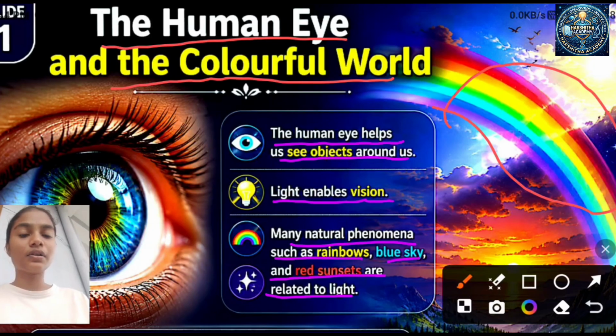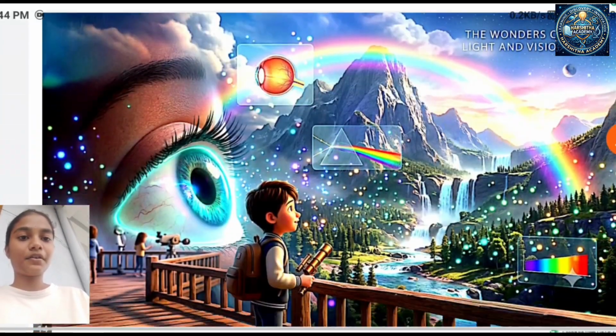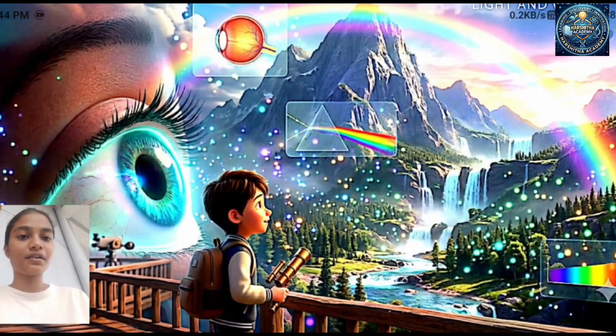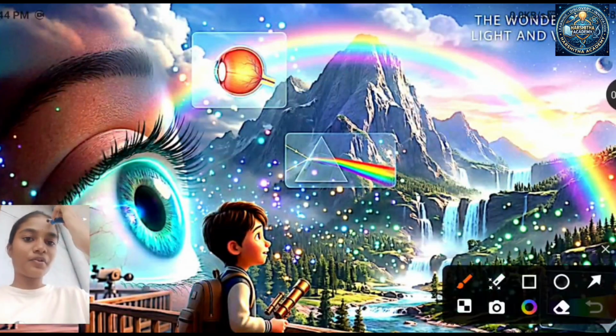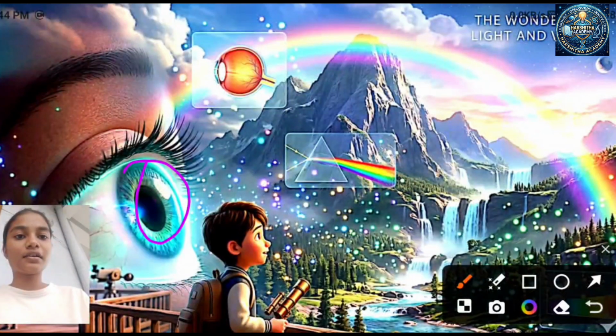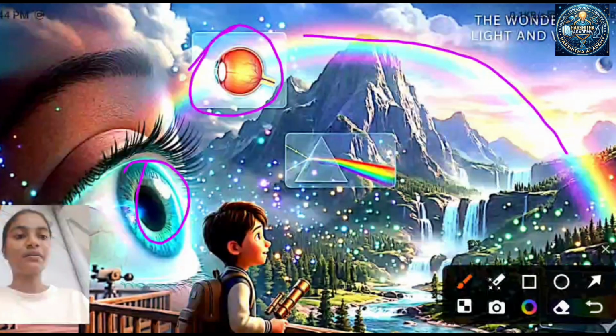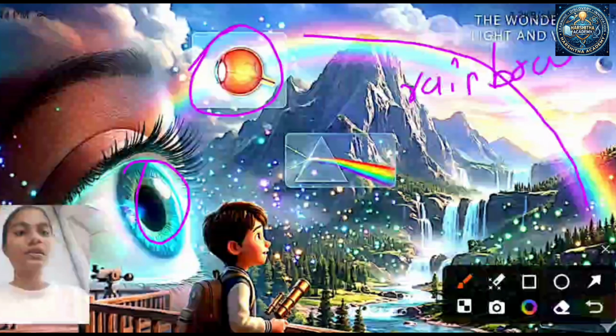If you dive into this lesson, you can see here this is the eye and this is the eyeball. How are we looking at this natural phenomenon, this is called a rainbow. We know this is a rainbow. And how are we looking at this rainbow?